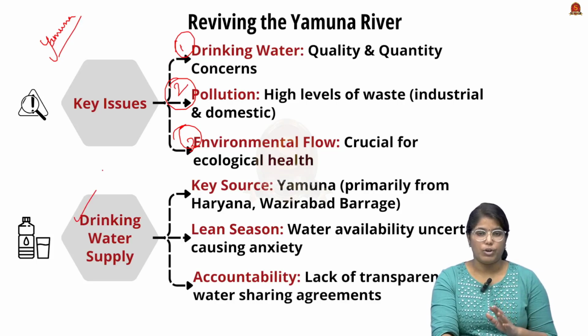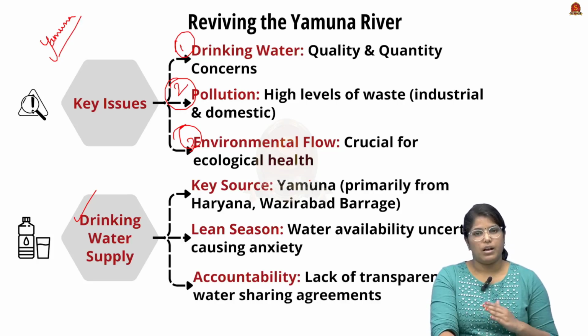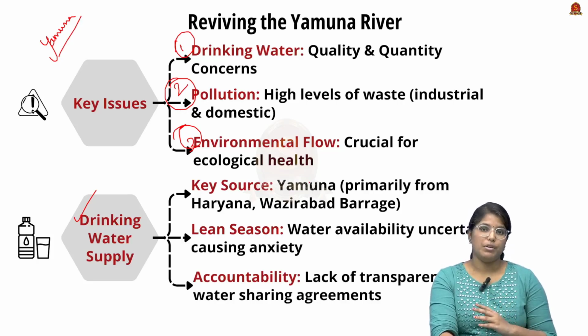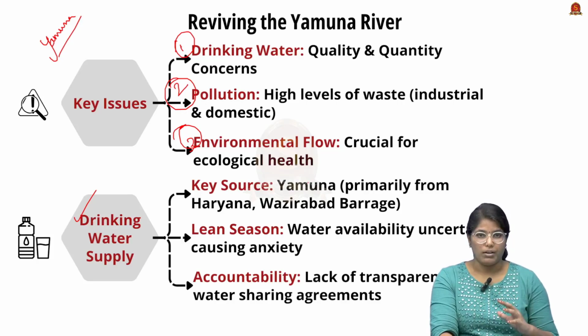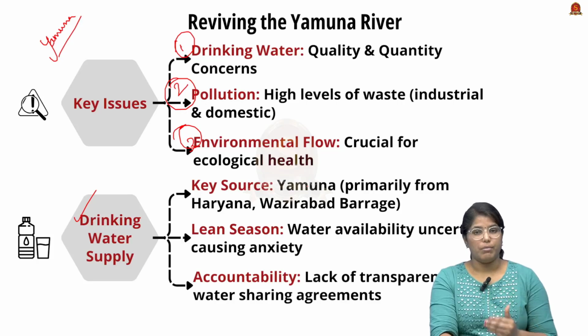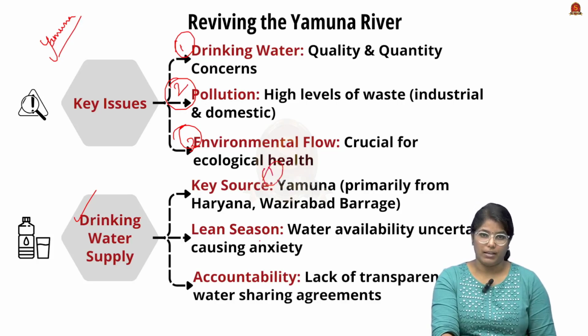Here, when we talk about drinking water, they are talking about the quality and quantity concern. See, what happens is the upstream states take up the majority of the water and they even pollute it, which leads to very bad quality of water reaching the downstream states. So this is the first important issue highlighted by the article.